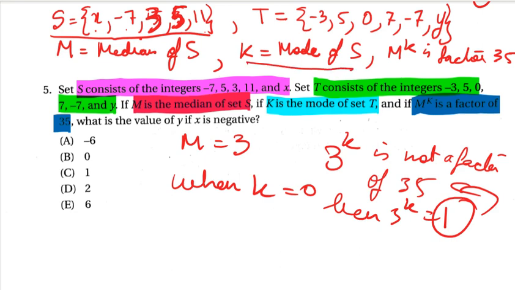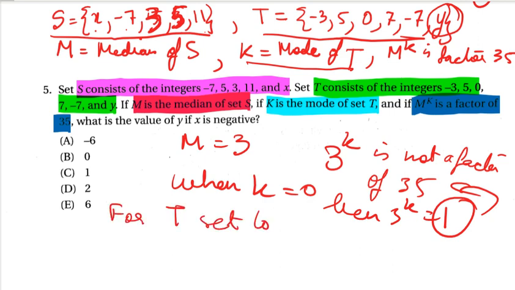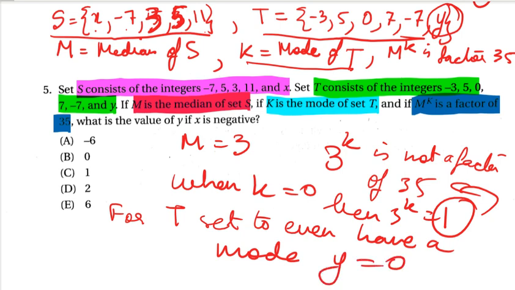Very big mistake. Please, students, don't make mistakes in this writing. So this is the mode of T. If K is the mode of T, then definitely the value y has to be 0. For this set T to even have a mode, y has to be equal to 0.